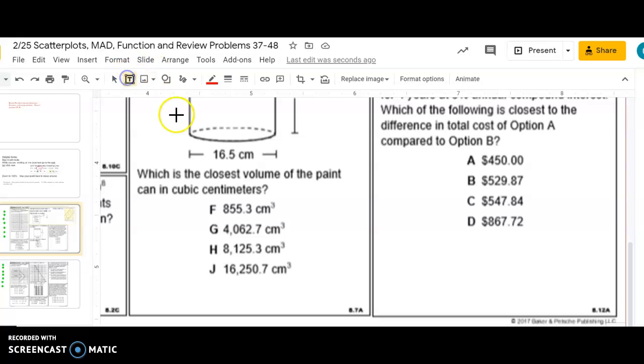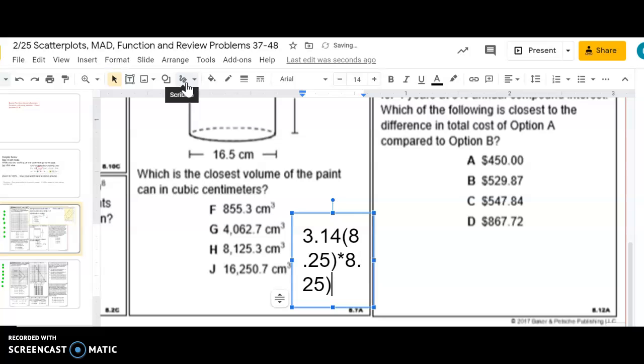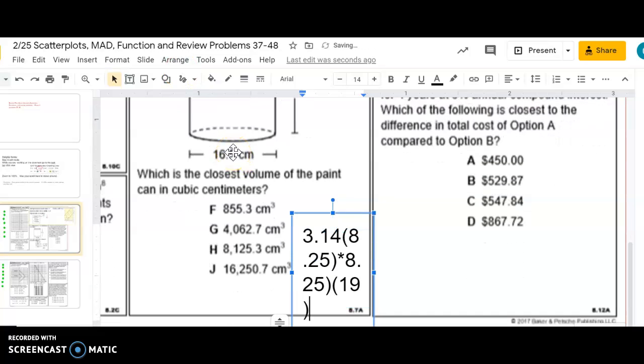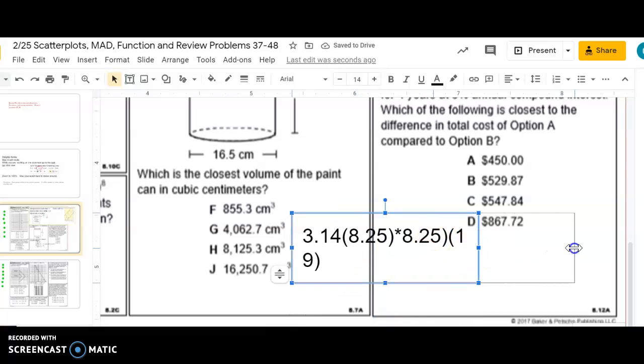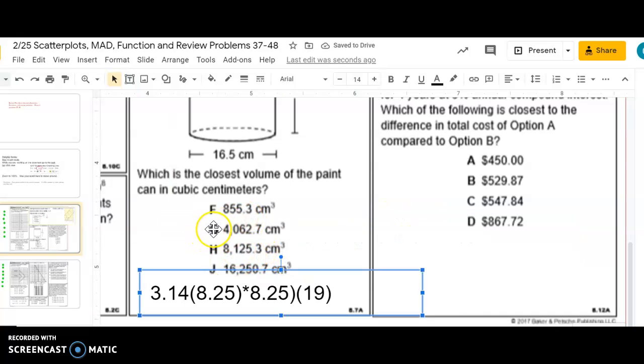And let's see if we can do it as a text box. Oh, here we go. It's pi 3.14 times, that's 16.5 is my diameter, so it's 8.25 squared, so another 8.25. And then I multiply it by my height, which is 19, and that would be how I calculate volume of that cylinder, and then it's G.